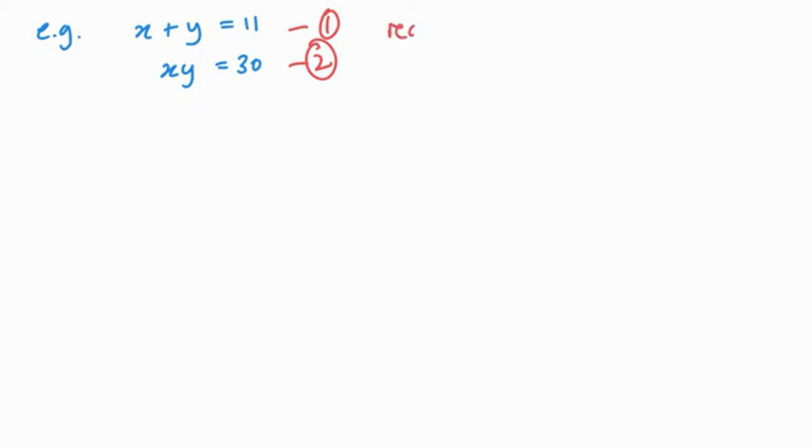So rearranging 1, and I can do it either x equals or y equals, it makes no difference, and then substitute this into 2. So we're substituting x equals 11 minus y into equation 2.